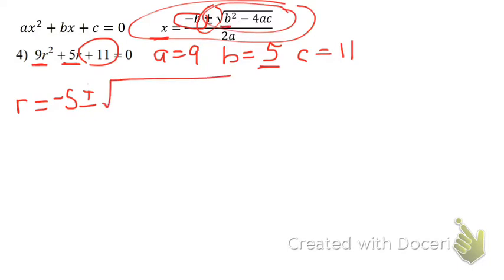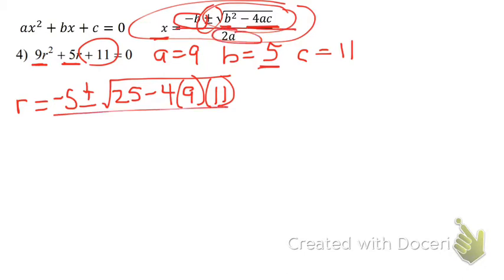If B is 5 and B squared is 25, minus 4 times A times C, all over 2 times A. You can write 2 times 9, or you can just write down what 2 times 9 is, 18. Same thing. Okay, now simplify it.